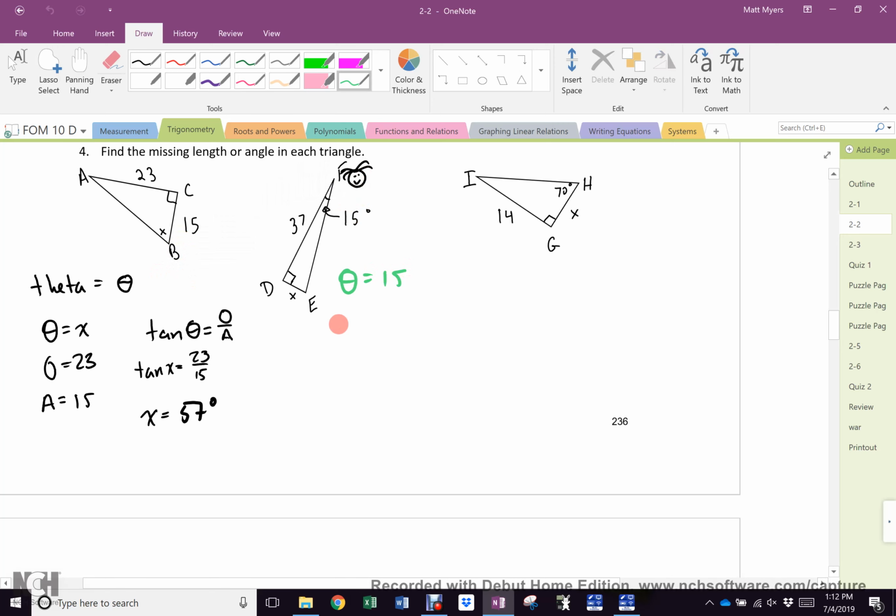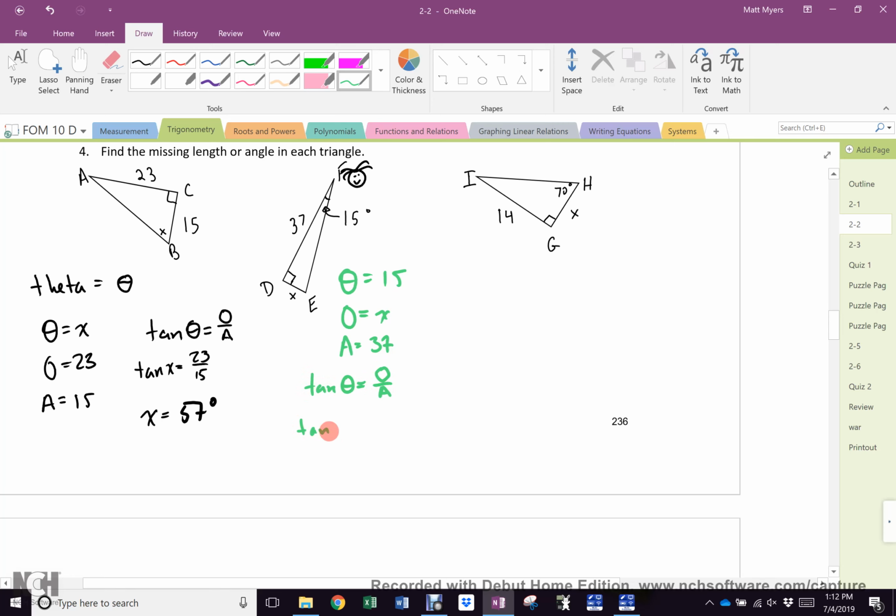Now, what is opposite to me? X. What is adjacent to me? 37. And I know that tan theta equals O over A.